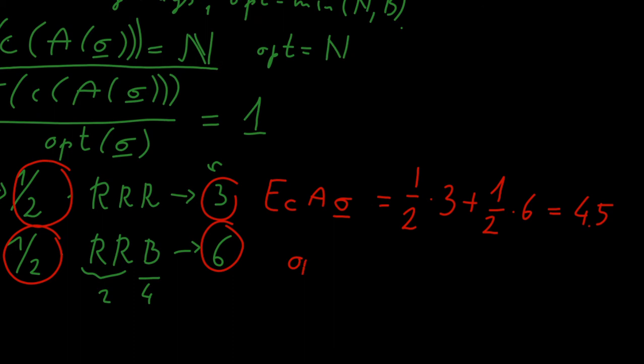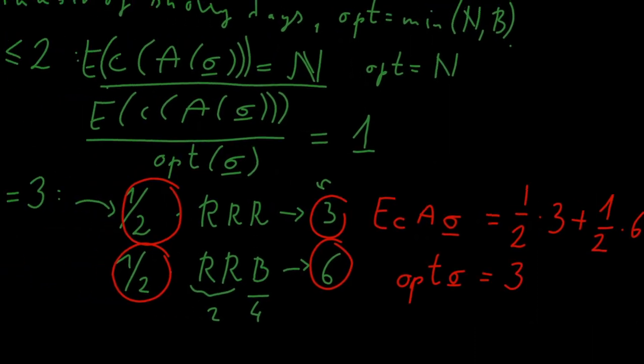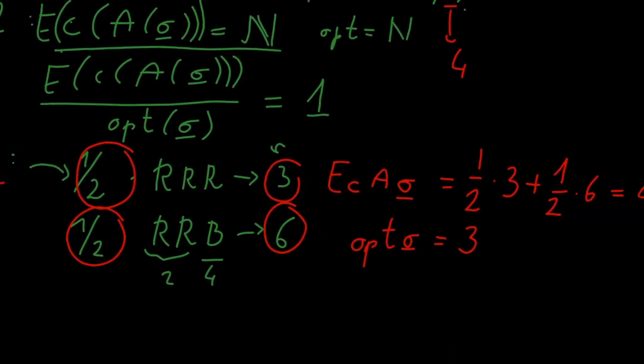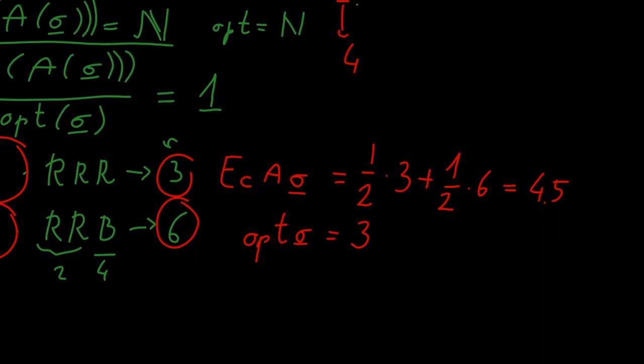where the optimum cost for this case is 3, because the minimum of n and b, which is 4 in this example, is 3, because 3 is smaller, which means that the ratio is 4.5 divided by 3, which is 1.5.